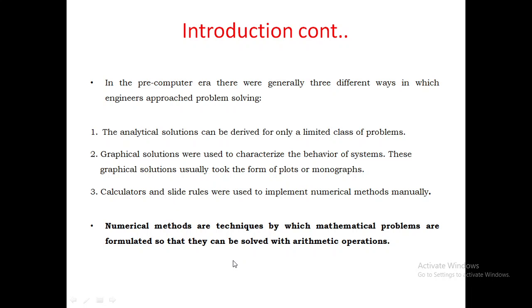Numerical methods: if you have seen in reality, solving a math problem generally involves finding an approximate answer rather than the exact answer. Numerical analysis is the study of algorithms that use numerical approximation for the problems of mathematical analysis.